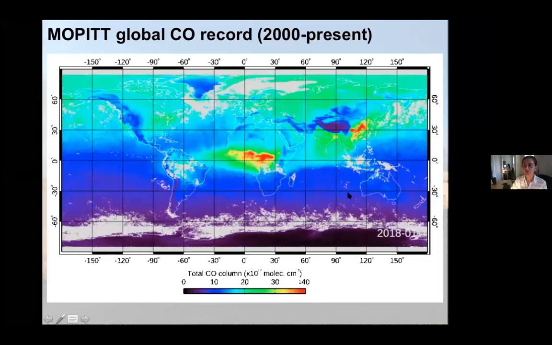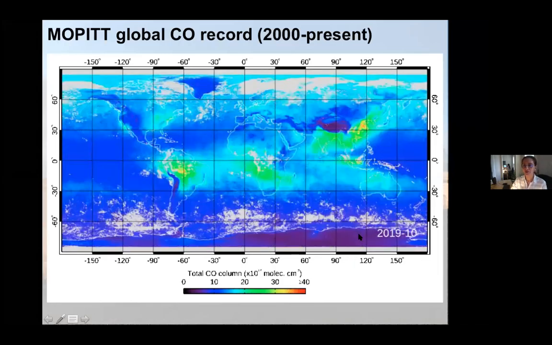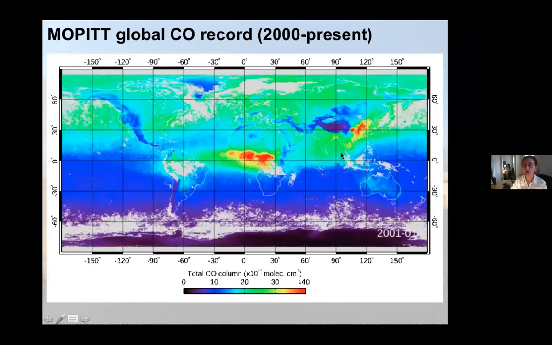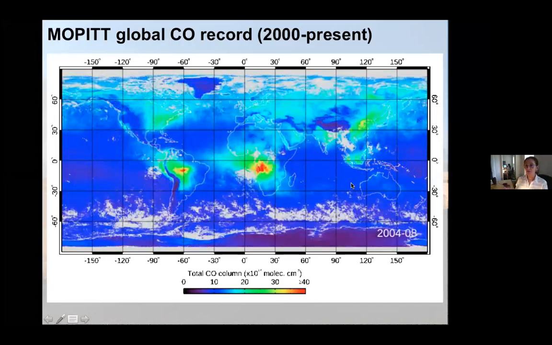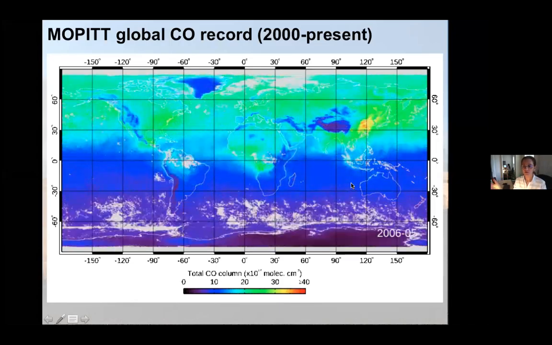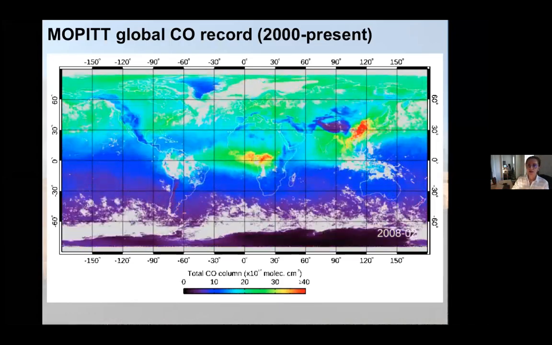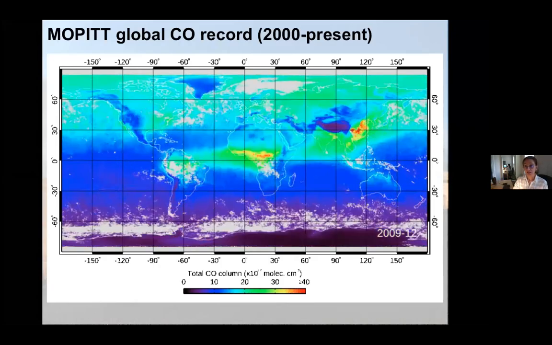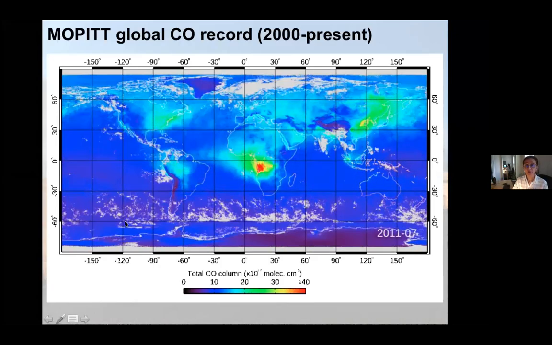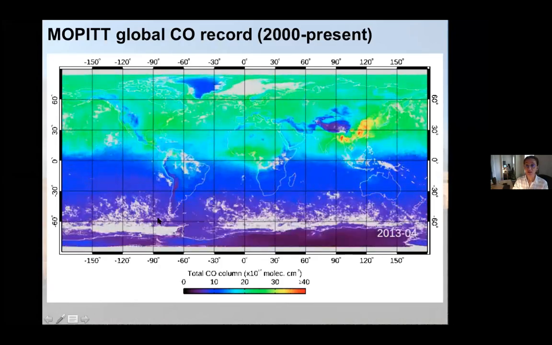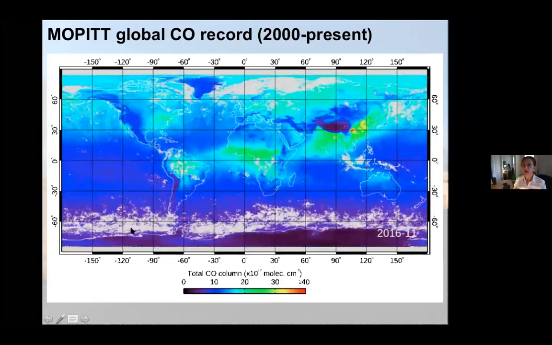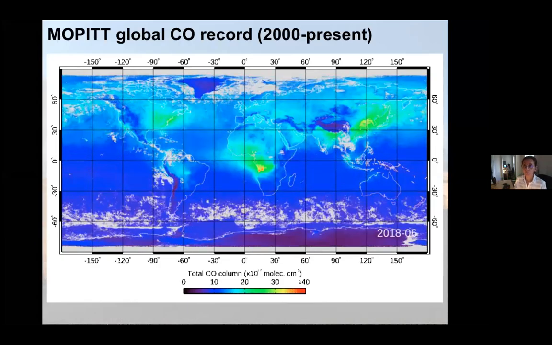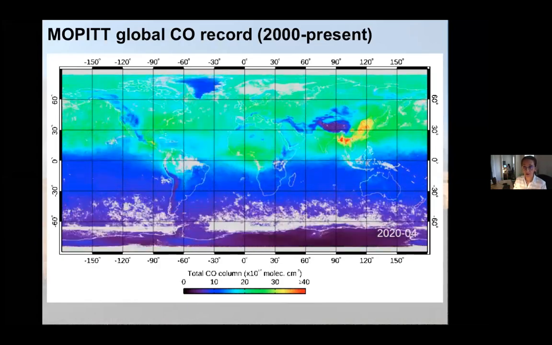So if you look at the end of 2015, you will see a big red blob over Indonesia, which is because of the Indonesian 2015 fires. And as I said before, the gray regions that you see mostly at very high altitudes in the south and north, those are cloudy regions. And as I said, MOPITT cannot retrieve in the presence of clouds.